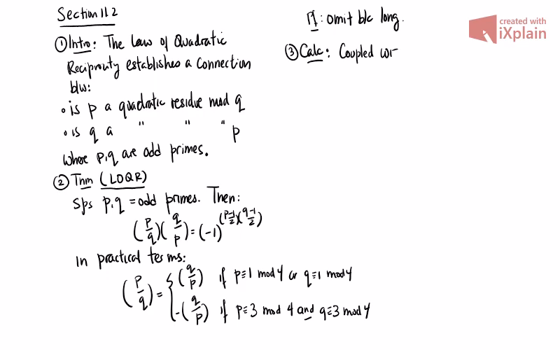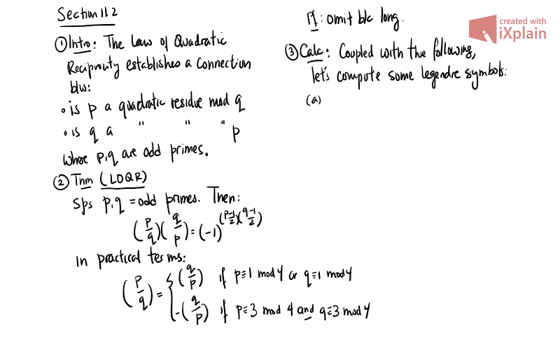So let's say coupled with the following, let's compute some Legendre symbols. I'm just going to put down a brief reminder of the things that we looked at, for calculating, let's say, a over p, when p is a prime.